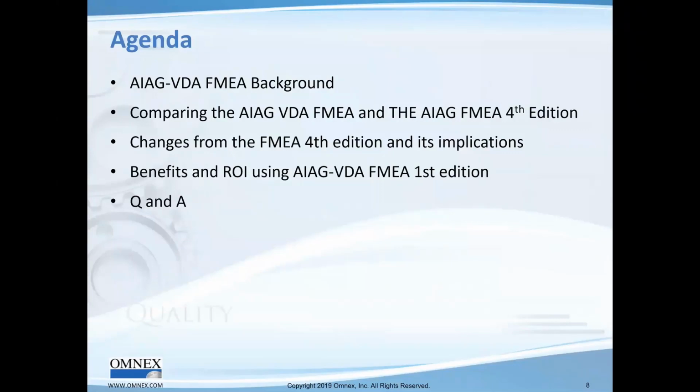And the changes from it, its implications, and the benefits and return on investment with the AIAG VDA FMEA. Why should we care? And, using this, what benefits do we get from this? And as time allows, we'll do a couple of questions today, Q&A.